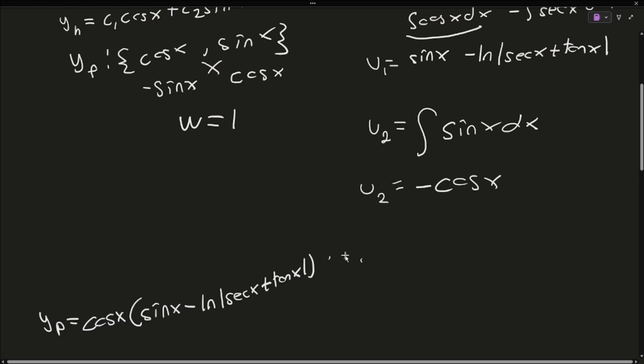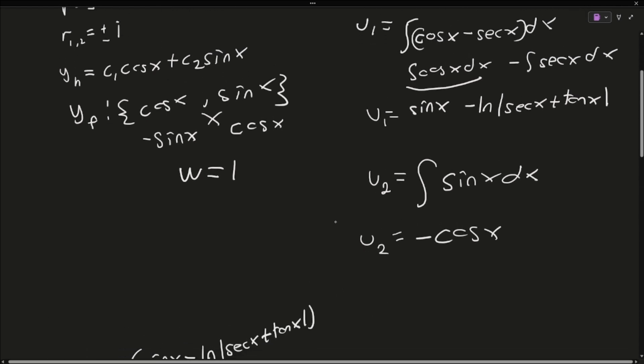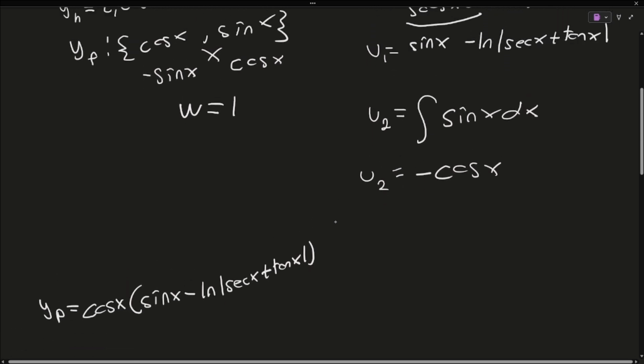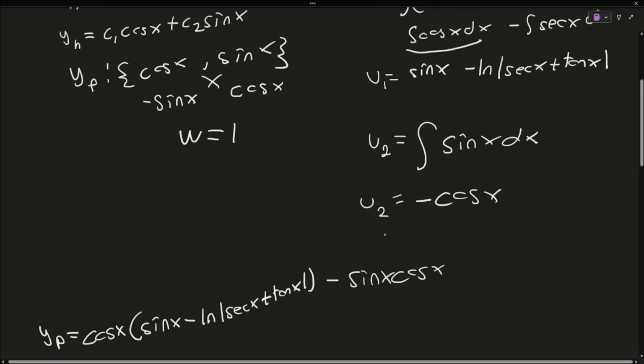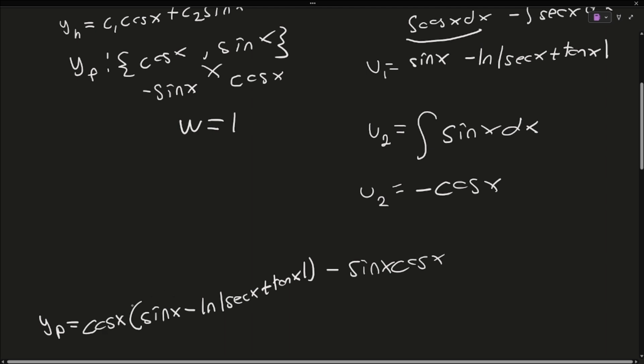Now that we have this, we're going to get u2 times y2, and y2 is sine x and u2 is negative cosine x, so we're going to have negative sine x cosine x. As you can notice, we have a cosine x sine x over there, so we actually cancel those out.